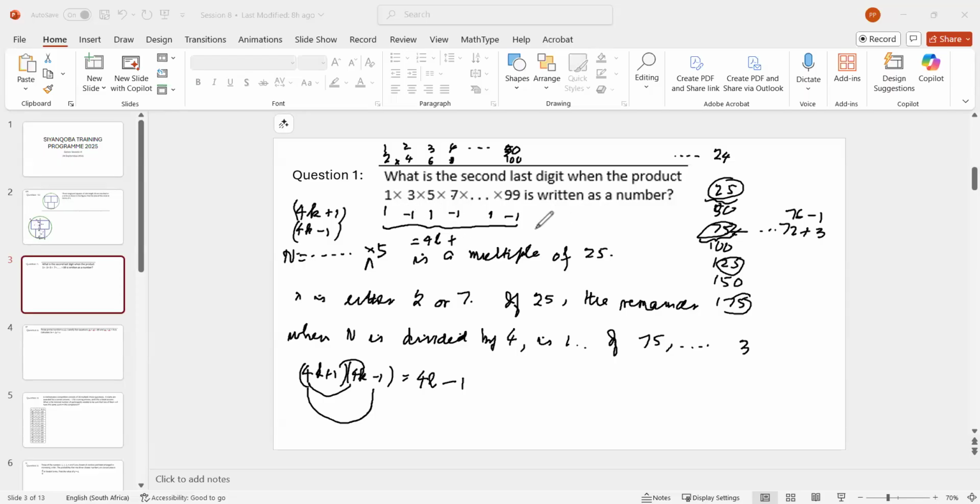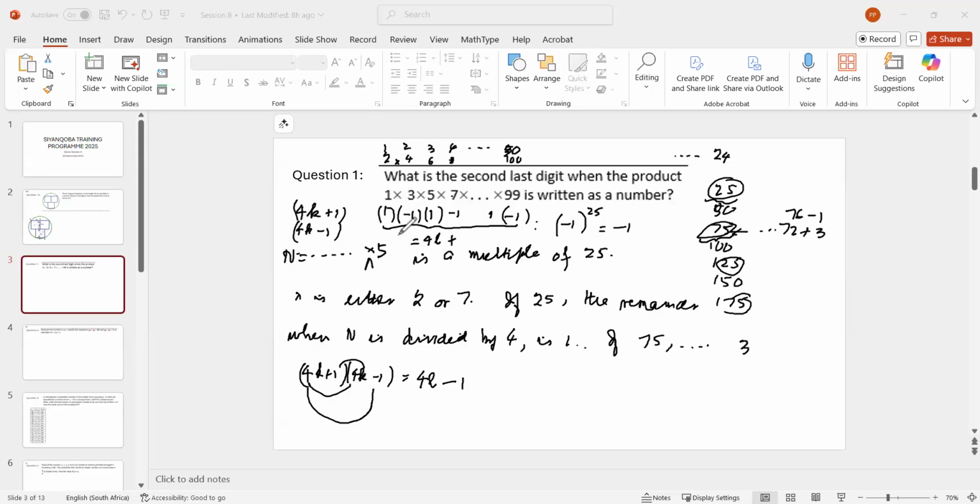So here, when you multiply all these things together, you get 1 times -1 is -1, and there are 25 negative ones because there are 50 altogether. If you pair them together, the product is -1, and there are 25 such pairs, and this is definitely -1.